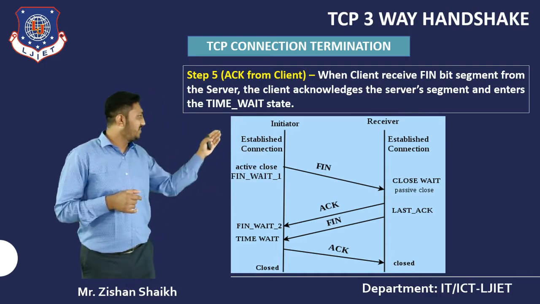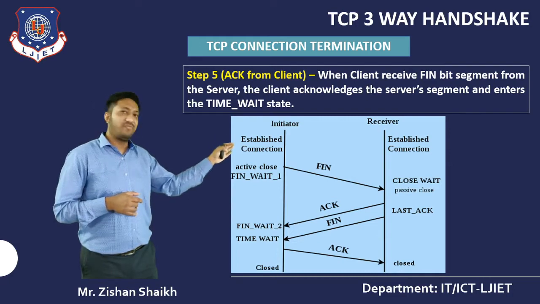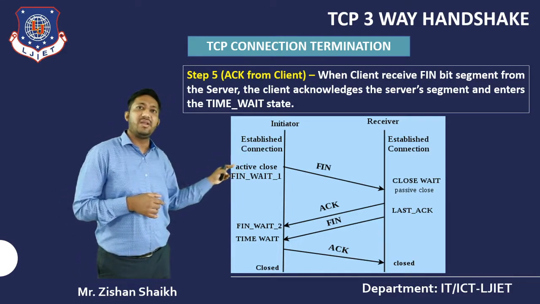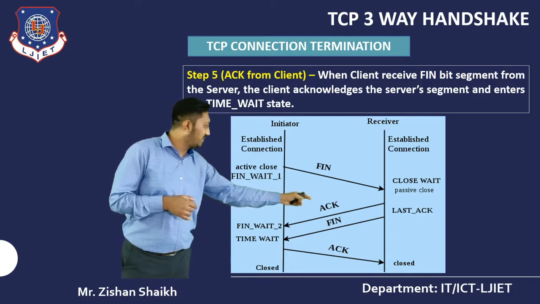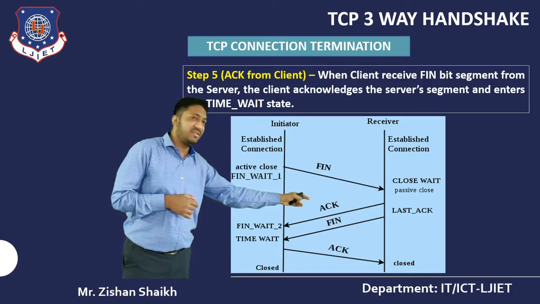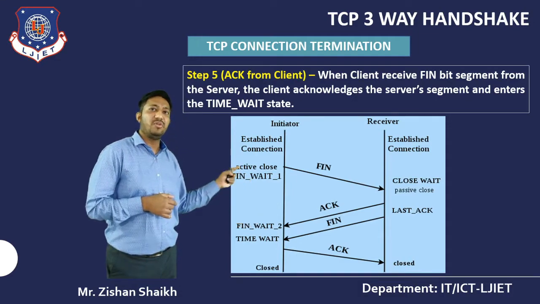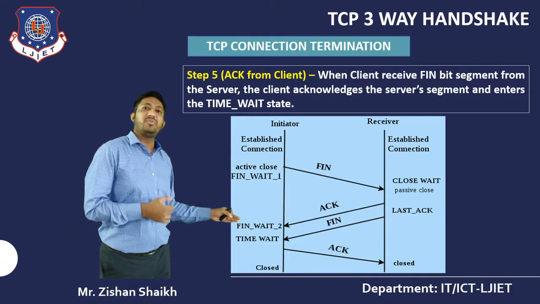What we are discussing for these signals is denoted in this figure. In step number 1, the client sends the FIN message using the signal FIN_WAIT_1. After receiving the FIN message, the server sends the acknowledgement that it has successfully received your FIN message. Now in step number 3, the client is in waiting mode.